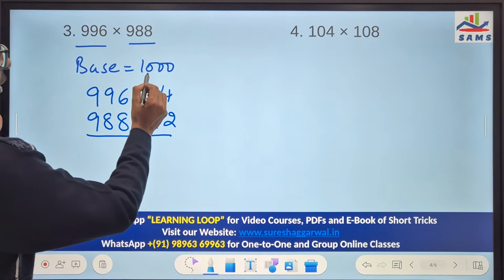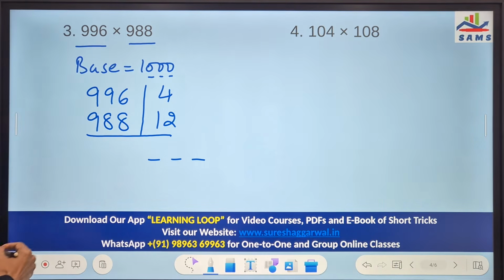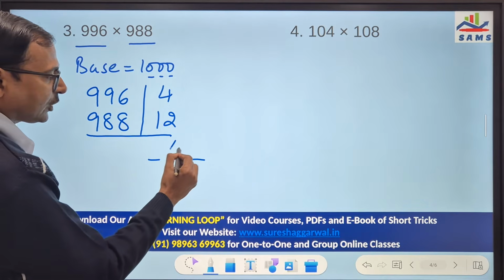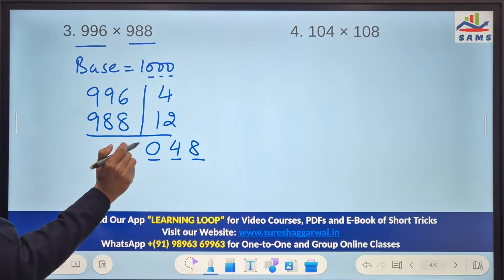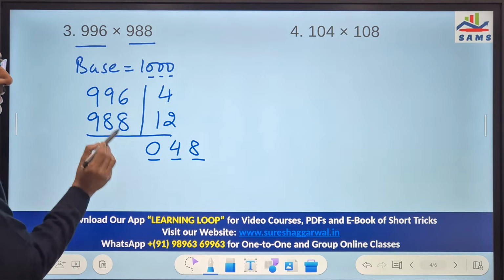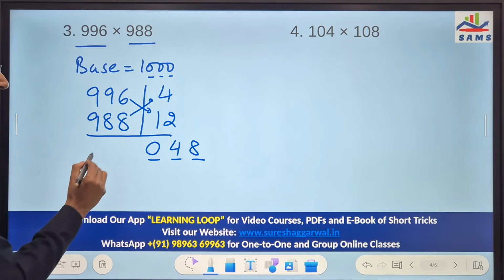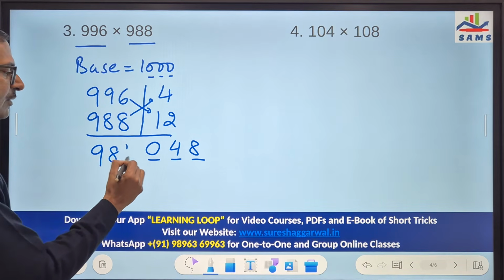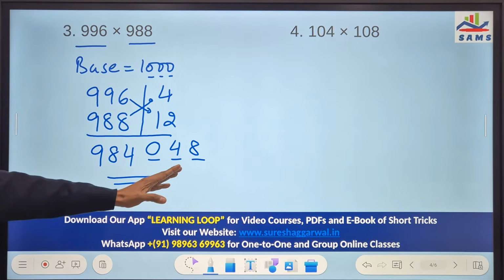Now remember, 1000 has 3 zeros, so we need 3 digits here, and 12 times 4 is just 48. So I have to prefix a 0 here. This is important. If you fall short of digits, then you have to prefix zeros. Subtract like this or subtract like this. 988 minus 4 is easier, that is 984, and you have the answer 984048.